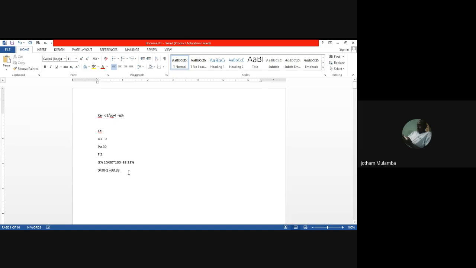This figure we will multiply by 100 to convert into percentage, because the growth rate is in percentage. So, who can get us the figure? 0 divided by 30 minus 2 times 100.